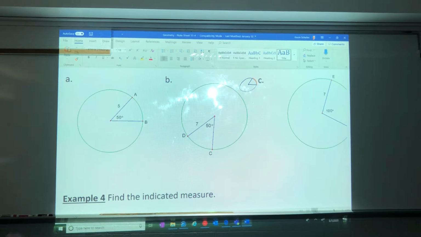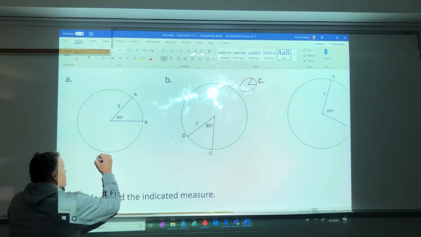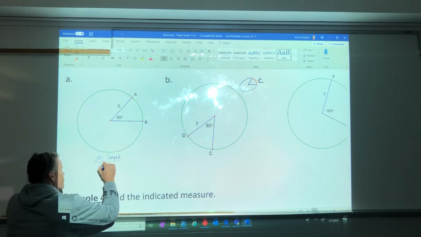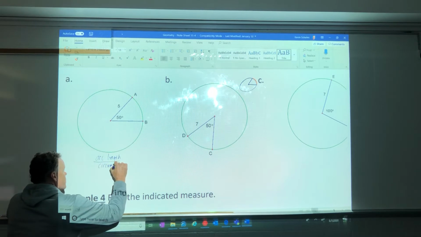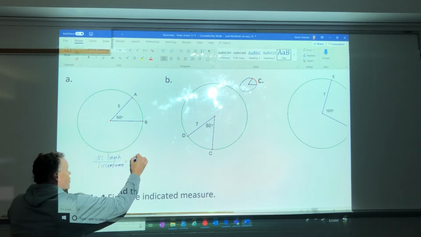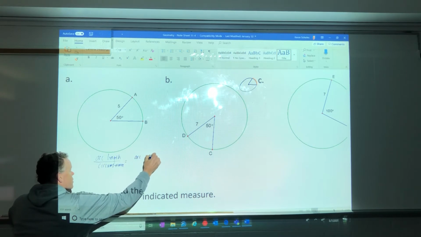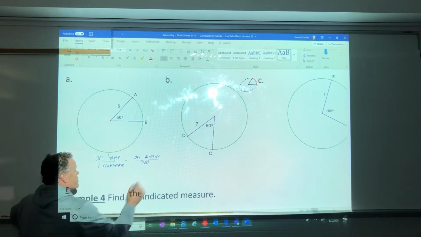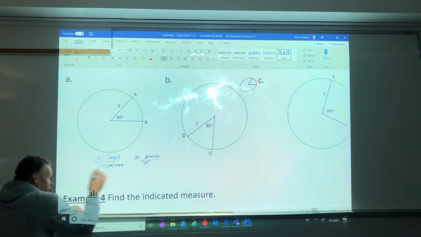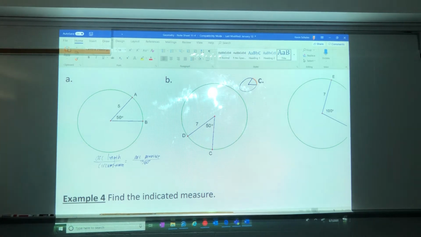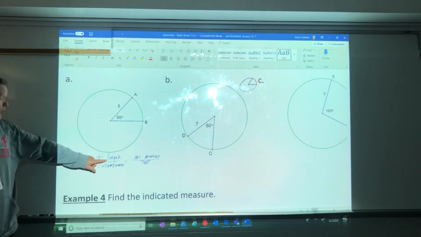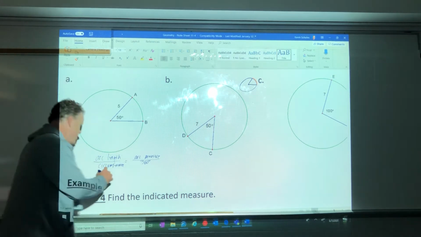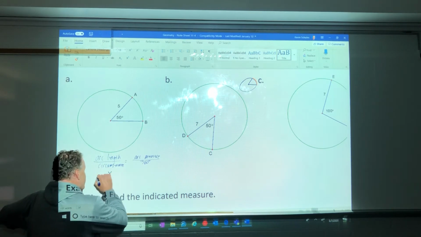Okay, so arc length, down here, arc length over circumference equals arc measure over 360, with a degree right there. Okay, now, to find our arc length is what we're going to have to find, so we can make that our unknown. In this situation, make that your x, arc length.